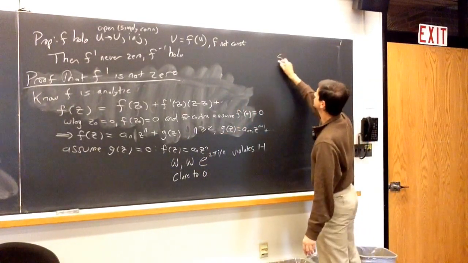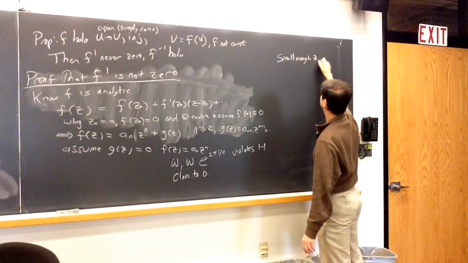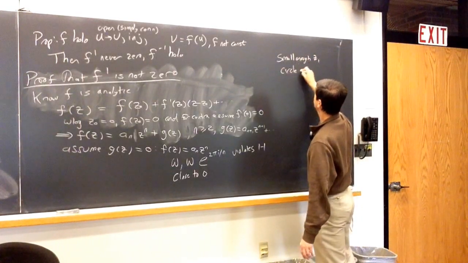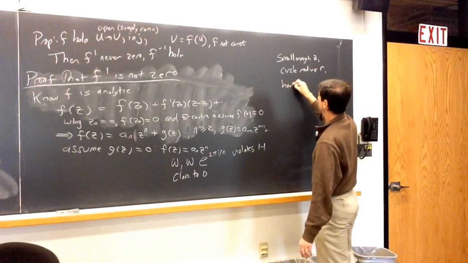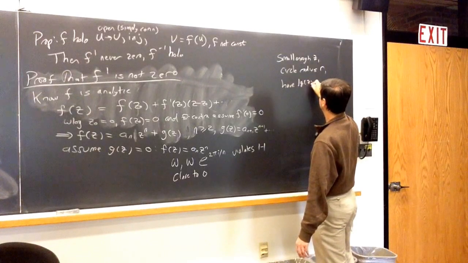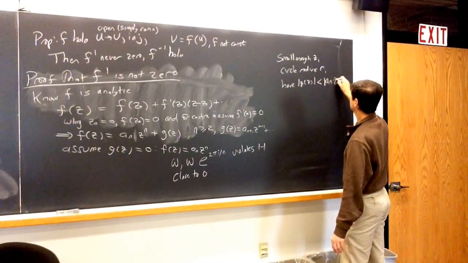So, small enough z, circle of radius r, have the absolute value of g of z strictly less than a_n z to the n.